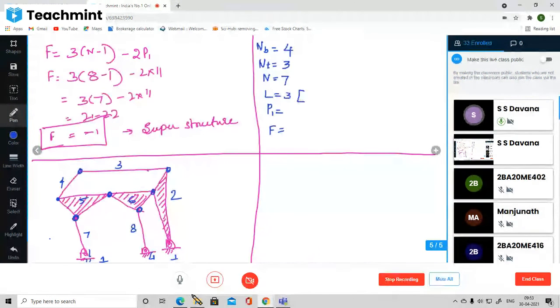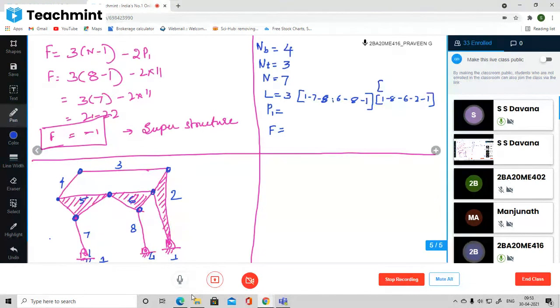Okay. Now I will link the connectivity 1, 7, 8. Sorry, 1, 7, 5, 6, 8, 1. Okay. Next, 1, 8, 6, 2, 1. Okay.